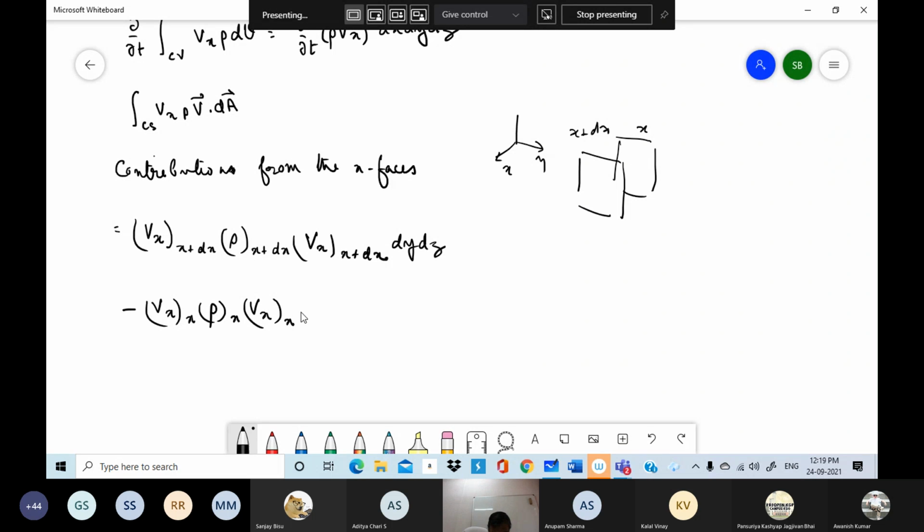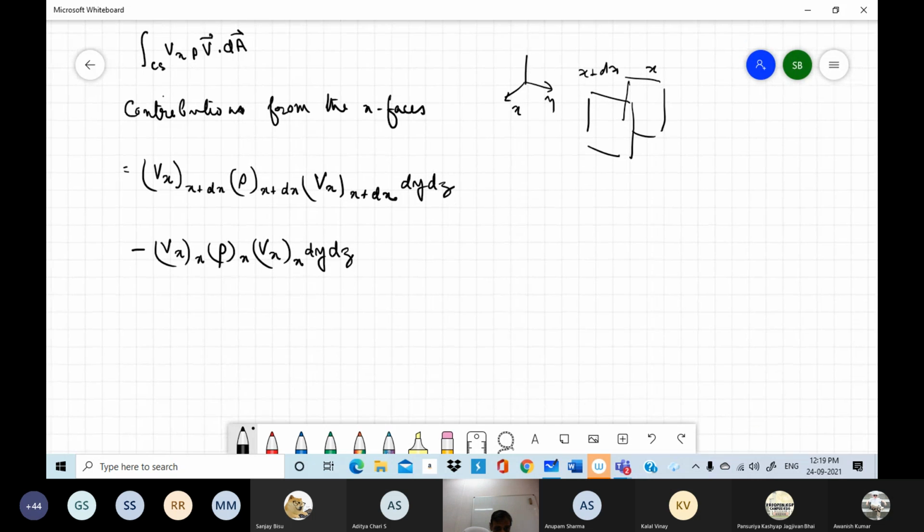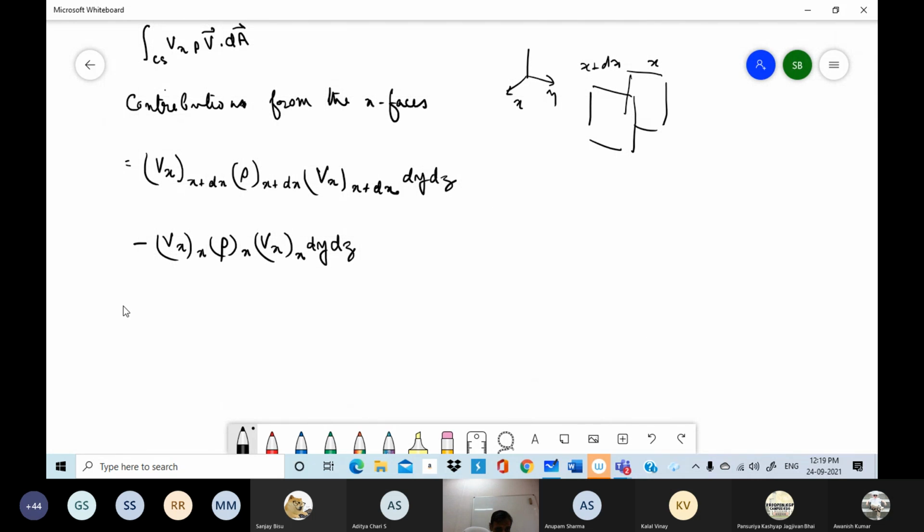But so that gave us the negative sign, and then the magnitude of the area is dy into dz. So all this contributes.